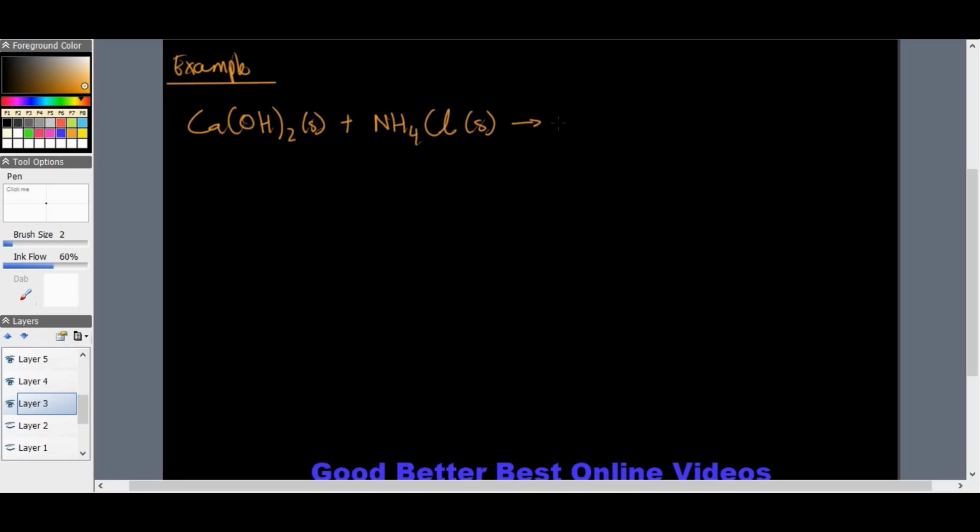What you get is calcium chloride plus ammonia gas. So there's 2 ammonia gas there, NH3 gas, plus 2H2O, and there's also a 2 in front there as well. Cool.